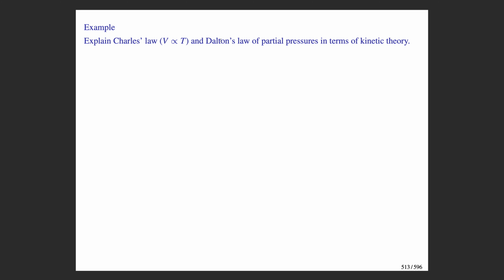The best way to explain Dalton's law, that the total pressure of an ideal gas mixture is just a sum of the partial pressures, where each gas is treated independently like an ideal gas, is to note the assumption in the kinetic molecular theory that the gas molecules of an ideal gas don't interact with one another.